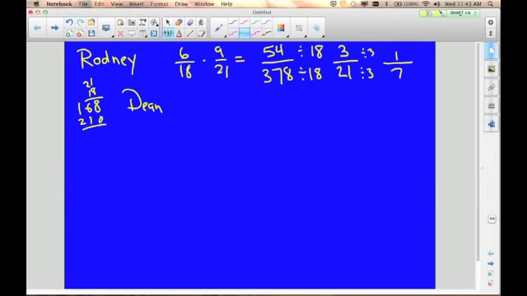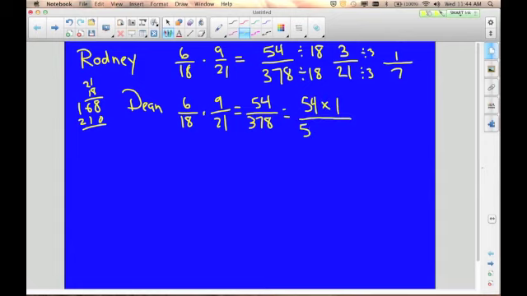Dean is similar to Rodney, but he thinks about it a little bit differently. He multiplies the numerators together, and then he multiplies the denominators together first. After that, he sees that 54 times 1 equals 54, and 54 times 7 is equal to 378.